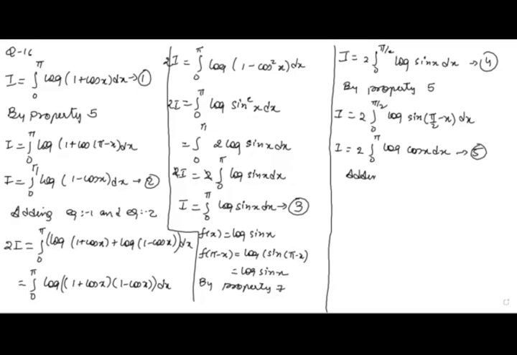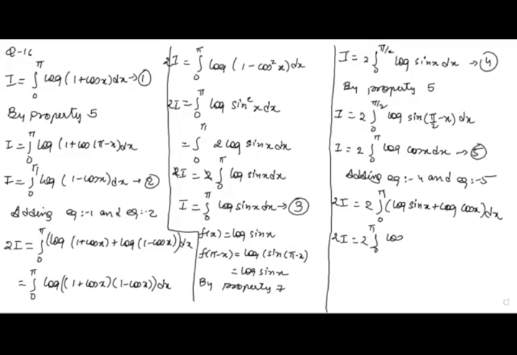Adding equation 4 and equation 5 again, I will get 2I is equal to 2 times the integral from 0 to pi by 2 of (log sin x plus log cos x) dx. Taking common log, I will have log(sin x cos x) dx.